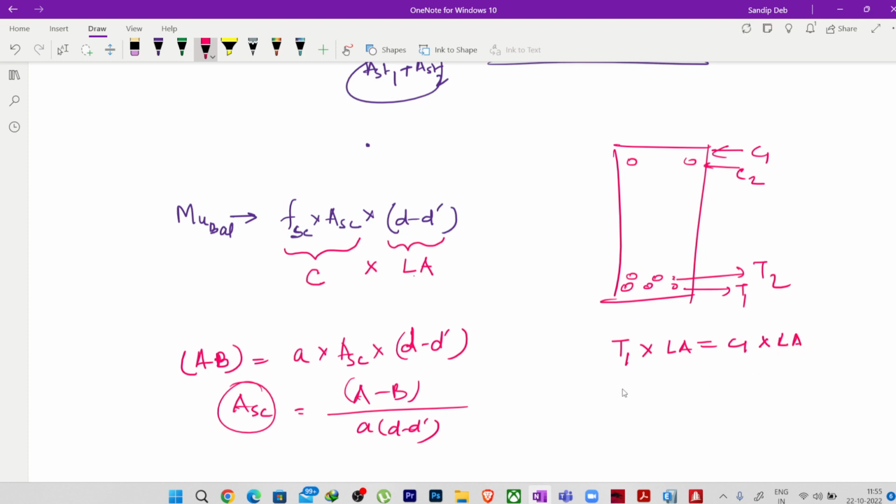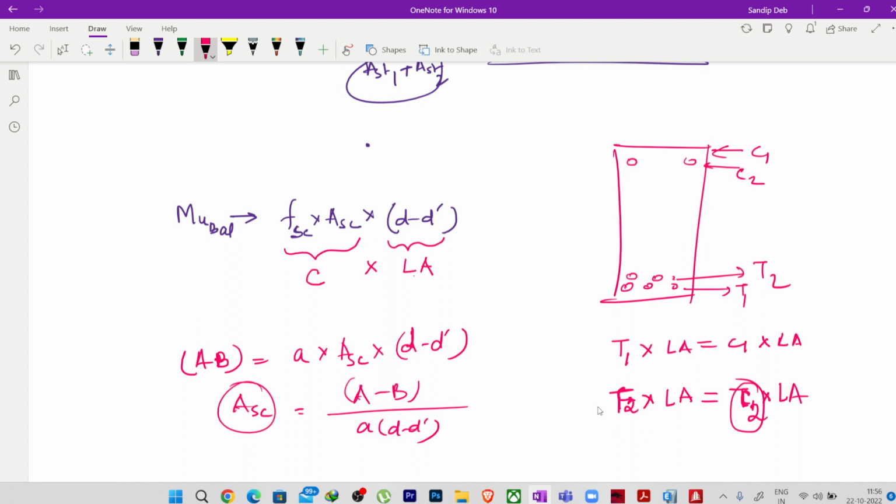And again here, T2 multiplied by lever arm is equal to, sorry, what I am writing, C2 multiplied by lever arm, to create the second tension compression couple. So now here what we have found out is the C2.